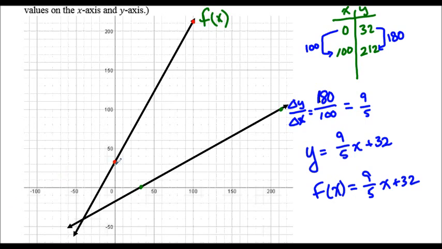So I'm just going to take this point, 0, 32, and make it 32, 0. And then for this red point, 100, 212, I'm going to make it 212, 100. Then I connect those 2 points. Now I'm going to label the inverse of f of x. All right, so that's our notation.